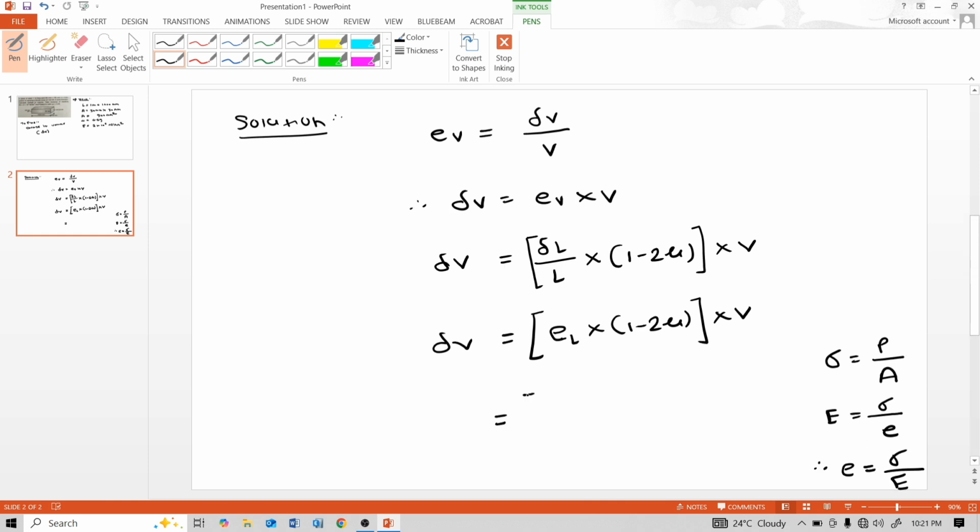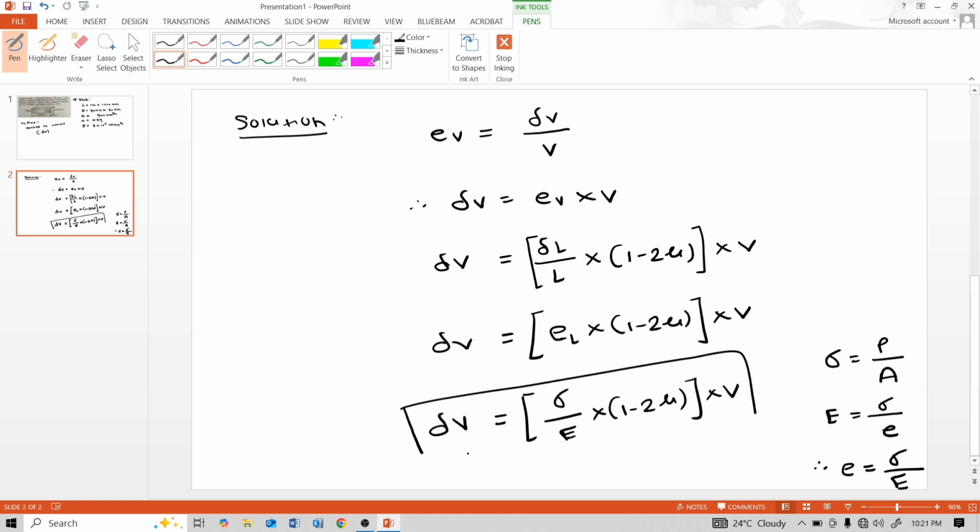Therefore, I write here: change in volume is stress upon Young's modulus multiplied by 1 minus 2 mu into V. And the formula for the change in volume is stress upon Young's modulus multiplied by 1 minus 2 into Poisson's ratio multiplied by total volume.